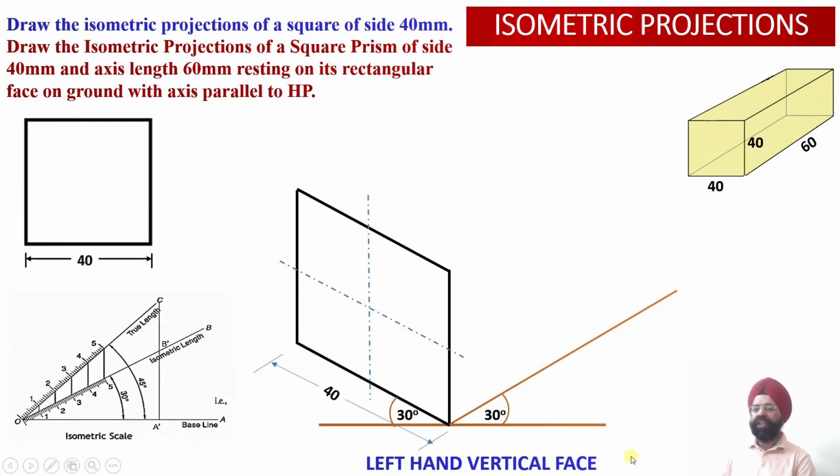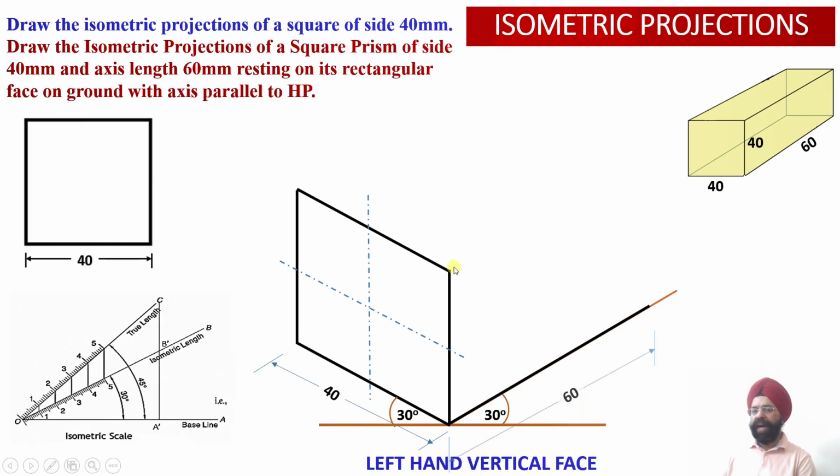Now I can draw the length of this prism in the Z direction. So please check, I have measured 60 millimeter using the isometric scale, and once I measure the 60 millimeter, you can see this is the length of the prism which has been drawn along the Z axis.